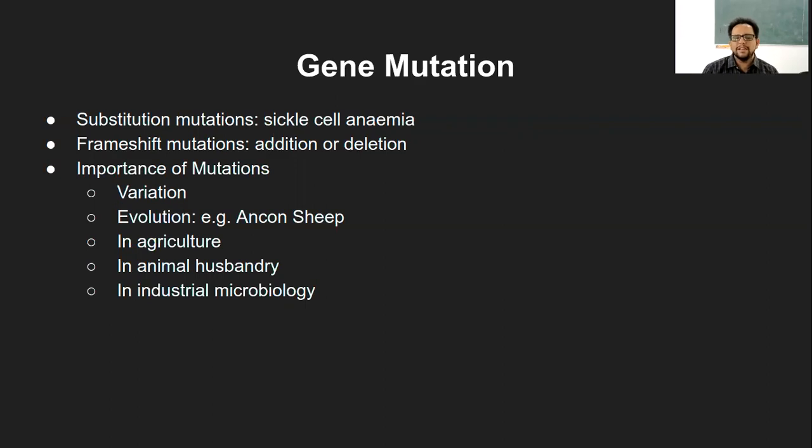Animal husbandry, again the same: for getting more milk or more eggs and so on, or more meat, certain mutations have been done in animal husbandry, right? So that way, mutation is important. In industrial microbiology, again, to get more of the antibiotics or to use these microbes for certain purposes, there have been certain mutations incorporated into these microbes.